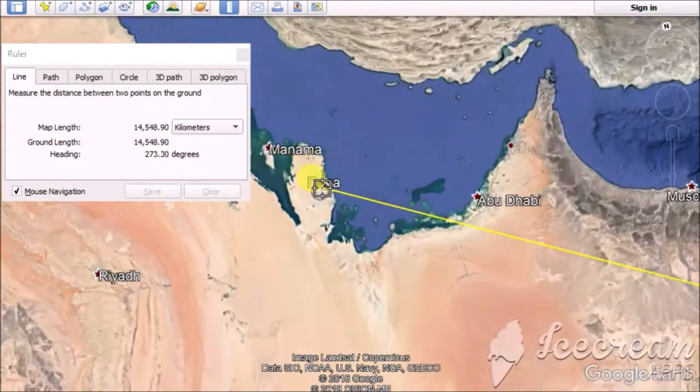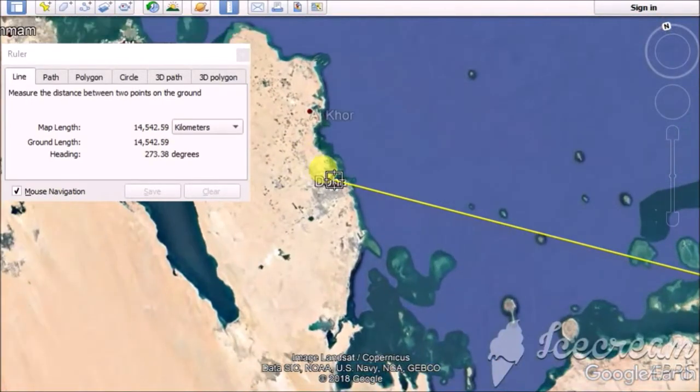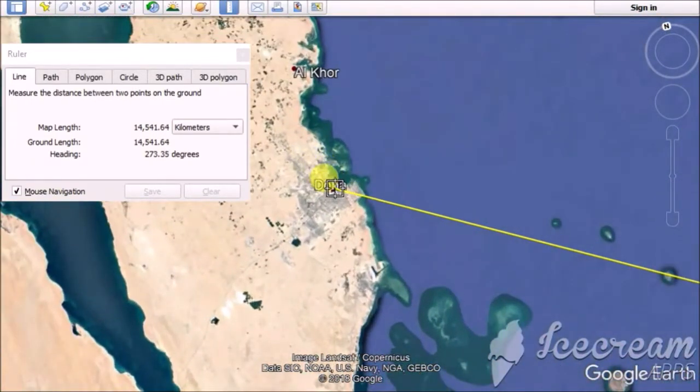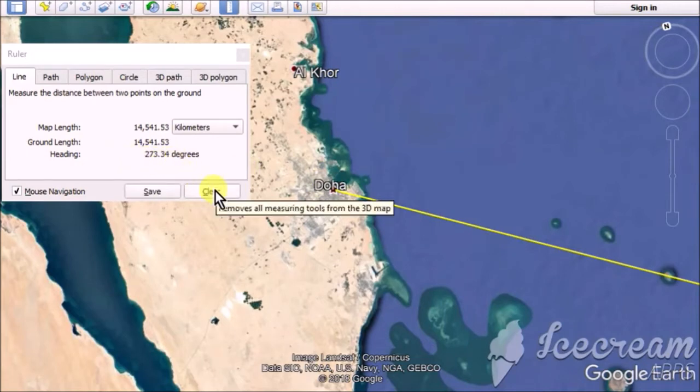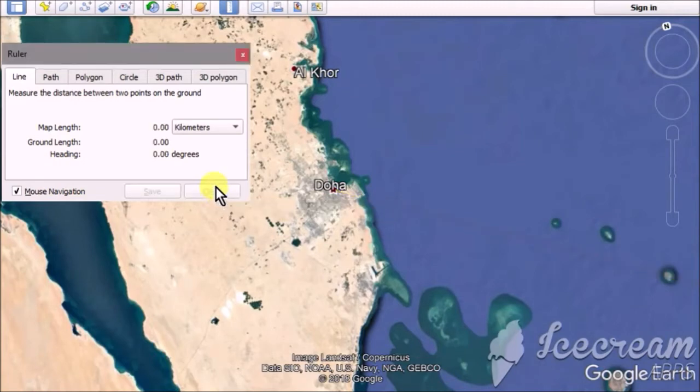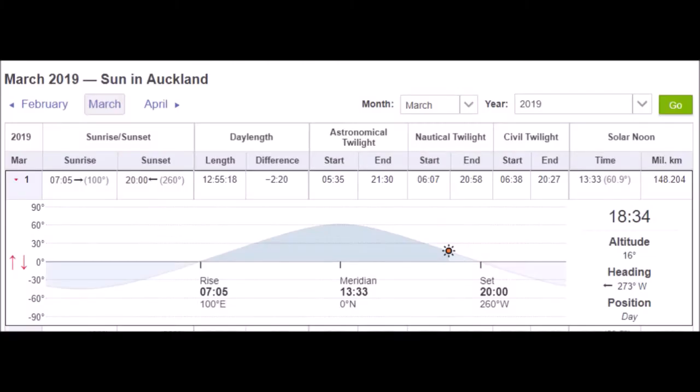So the direction to Doha from Auckland on a great circle is 273, and that would be the sun azimuth that I'm going to use to get the sun elevation in Auckland at that moment of the experiment. So let's start from Auckland.